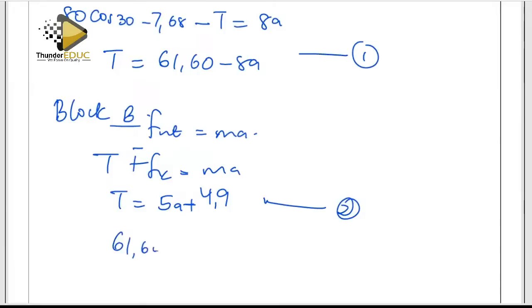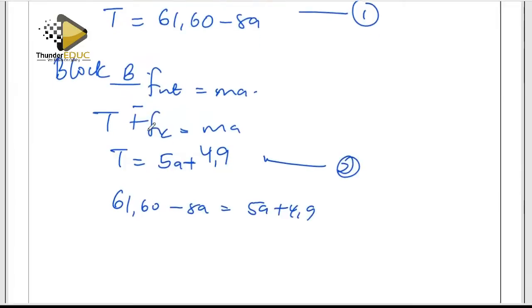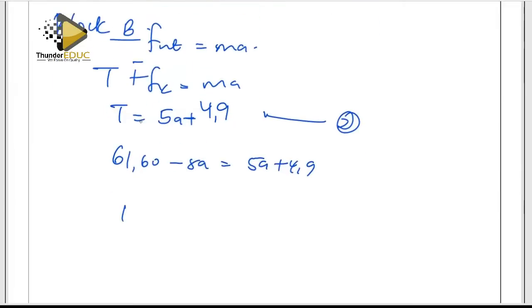So 61,60 minus 8A should give us 5A plus 4,9. Let's transpose the A to that side, meaning that 13A should give us, what will it give us? It will give us 61,6. We are subtracting the 4,9. That is 16, which is a 7.